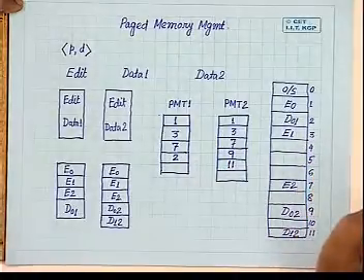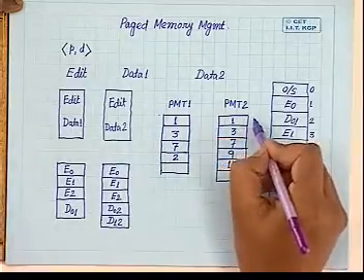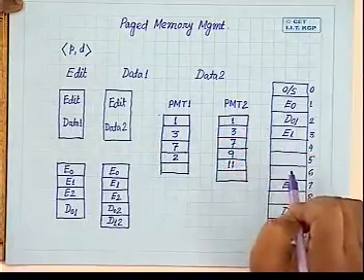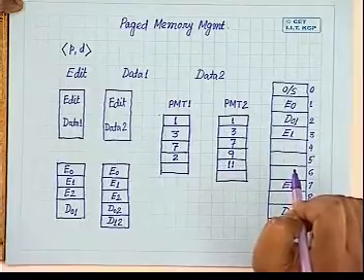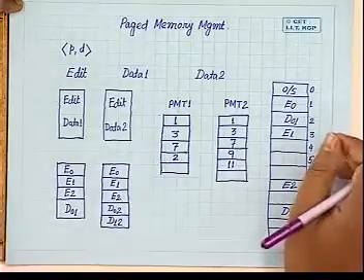Now, when you construct such a page map table, consider the protection that we discussed in the case of other memory management techniques like MFT or MVT: one user program should not try to access or modify the address space of some other user program.